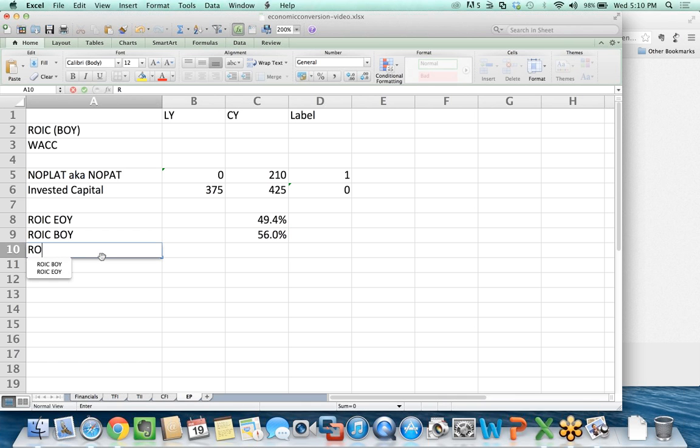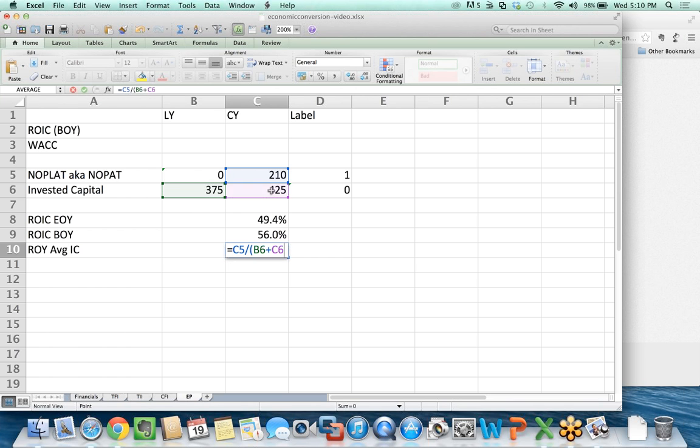And I could take an ROIC based on an average invested capital, which is I take my current year's NOPLAT and divide by last year plus current year divided by 2. I then get an average invested capital, or return on average invested capital.